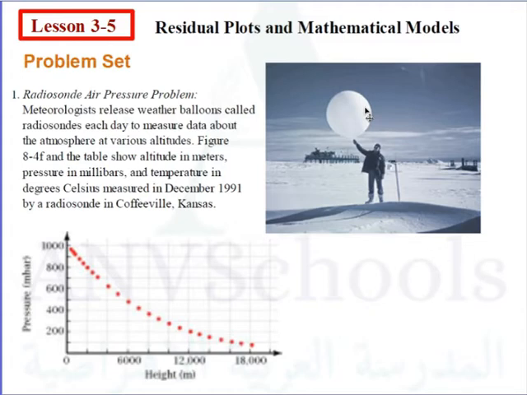This is figure 8-4F, and this table shows altitude in meters. I think we have discussed that. For letter A, we graphed and found the regression of this data. So we are now on letter B.